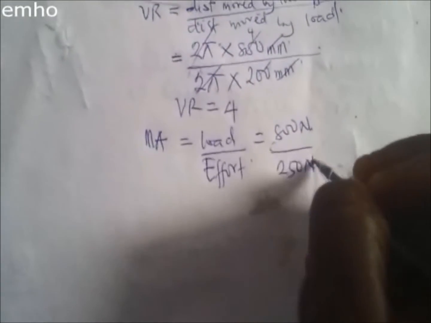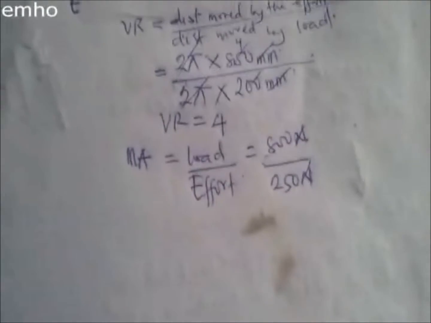So the load is 800 Newton divided by the effort, by the application of 250 Newton. So the effort applied to the machine is 250 Newton, and Newton cancels Newton.